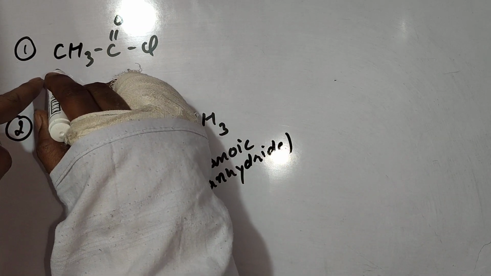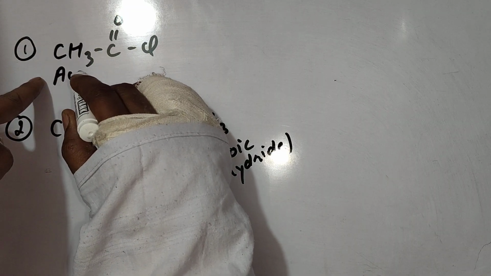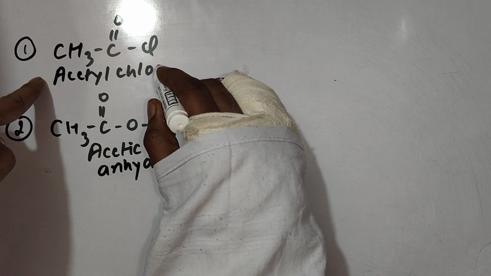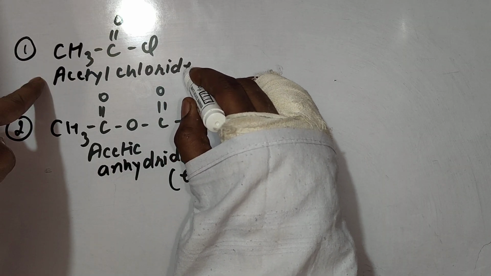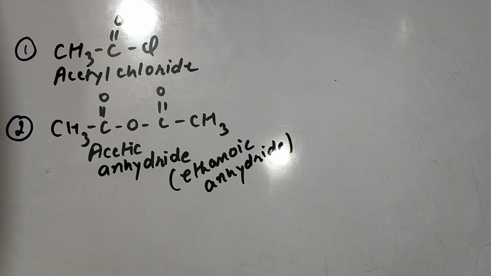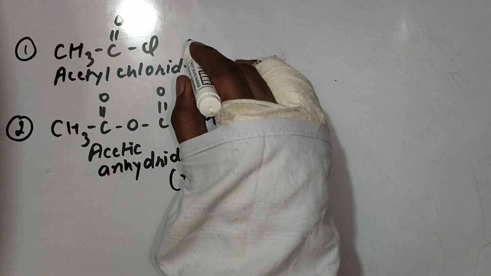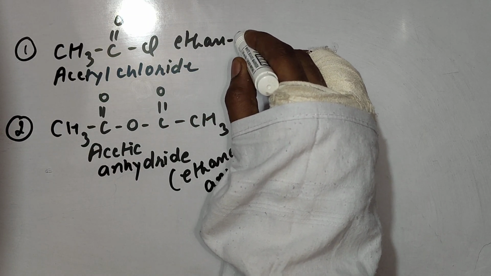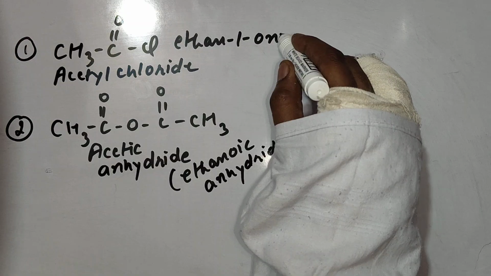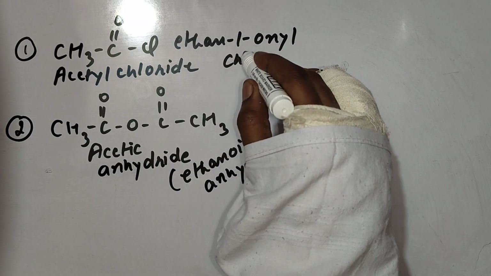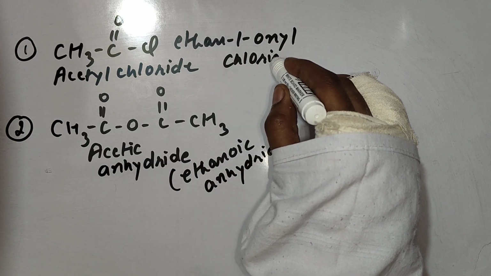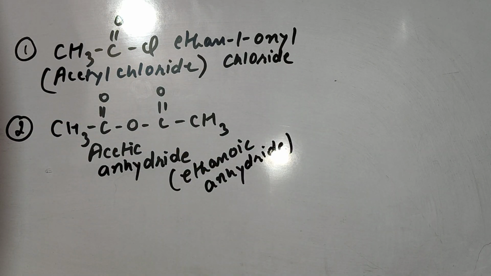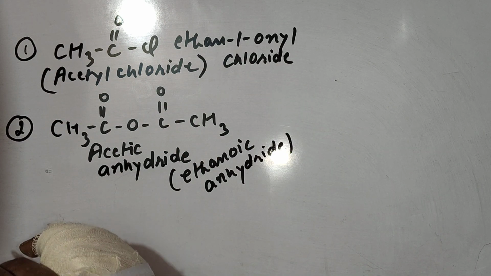Here the common name is acetyl chloride, and the IUPAC name is ethane 1-onyl chloride. So you can note down their common names and IUPAC names.